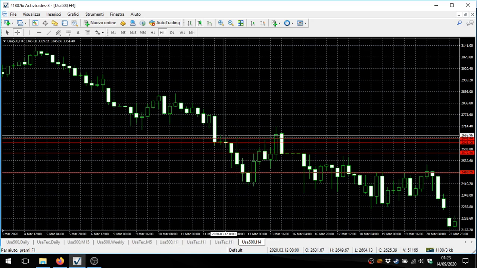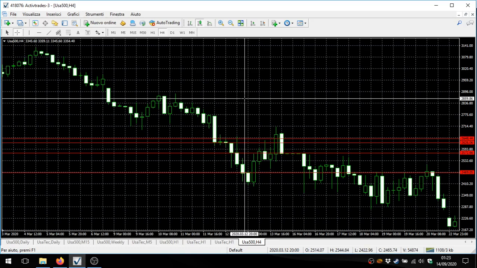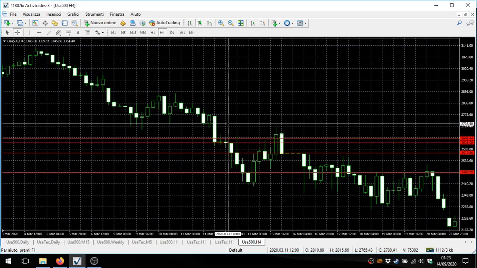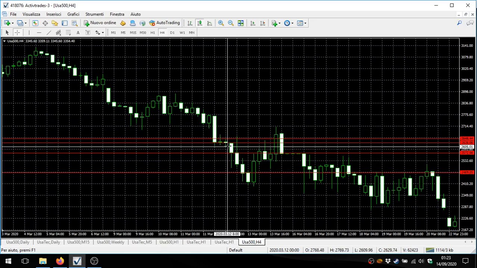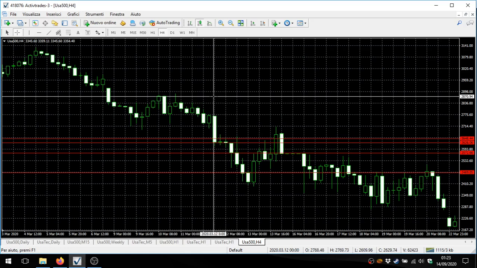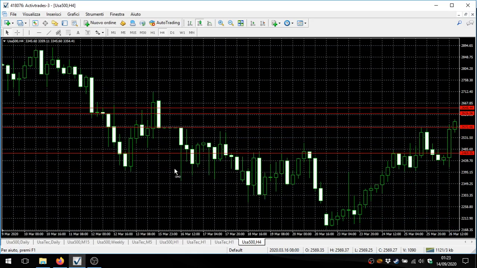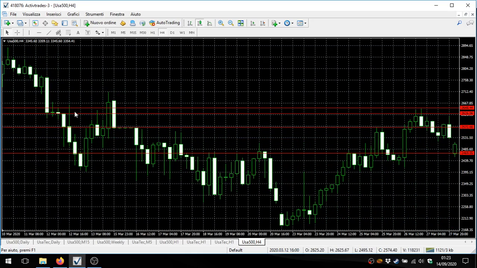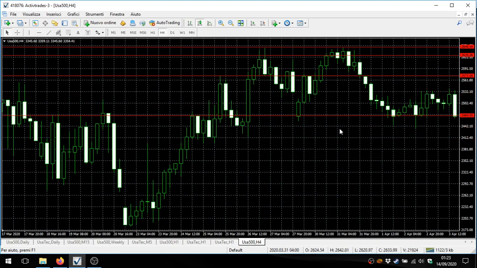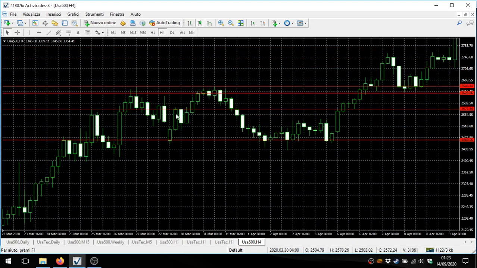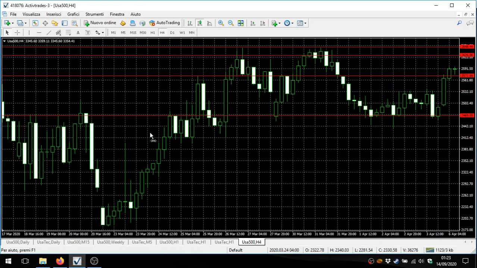As you can see, the price always tends to move into this area of liquidity that you can discover because visually you see the price struggling inside it. Another great example is here. As you can see, these kinds of levels always tend to repeat themselves from the past to the future.